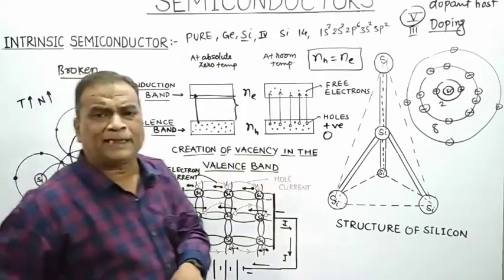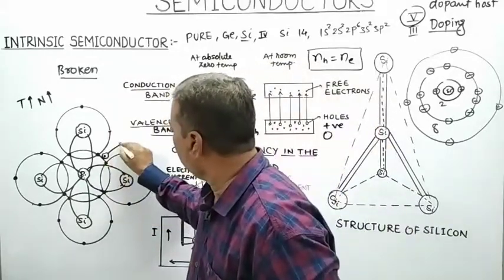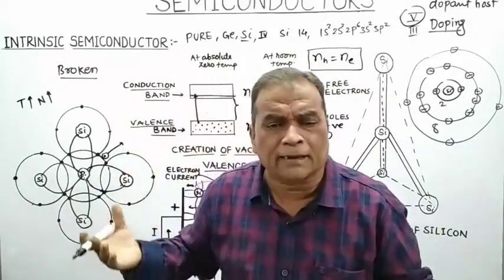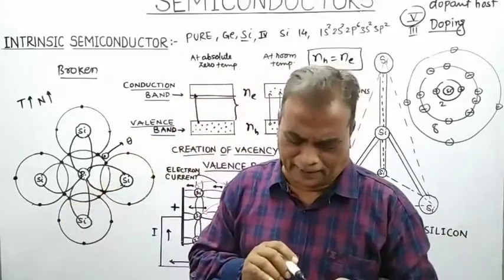Every pentavalent impurity atom will donate 1 free electron, which is used for conduction of electricity.